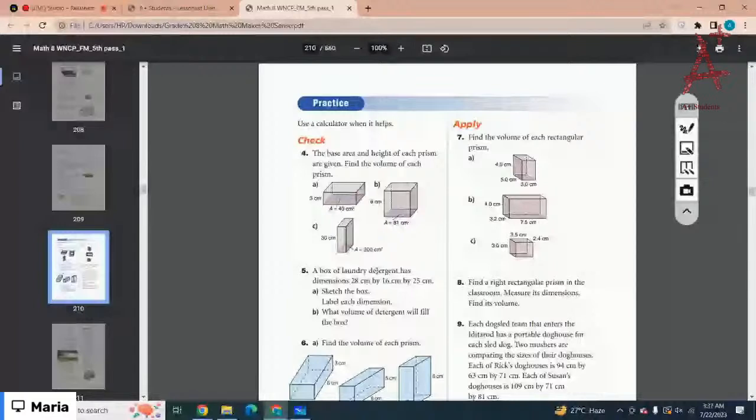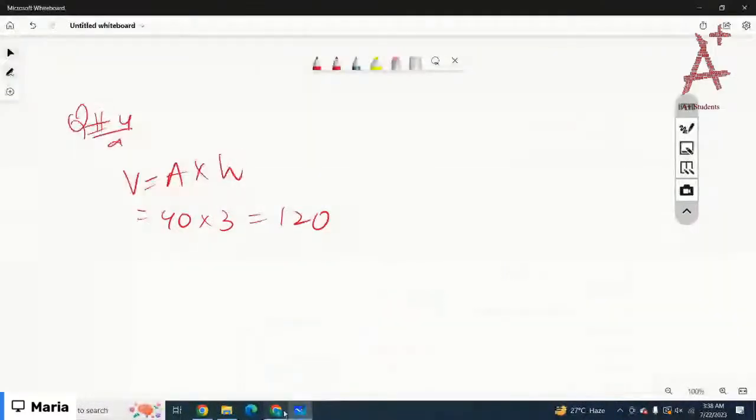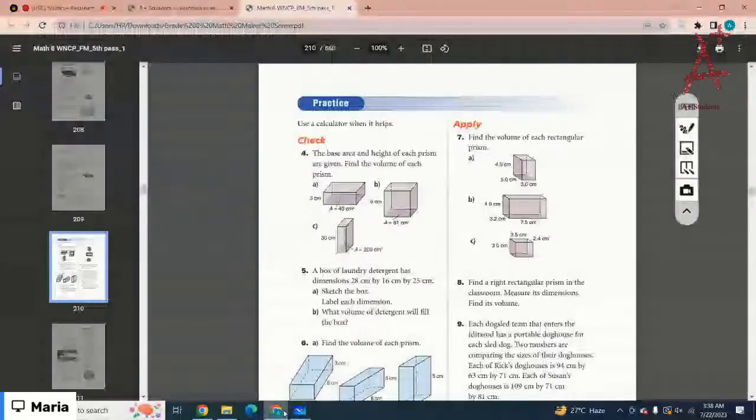So the laundry detergent is 28, 16 and 25. The length is 28, width is 16 and height is 25.